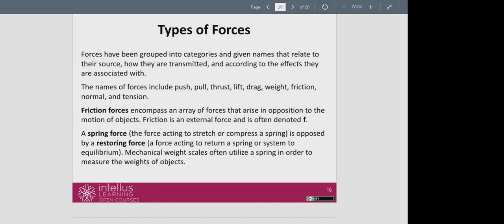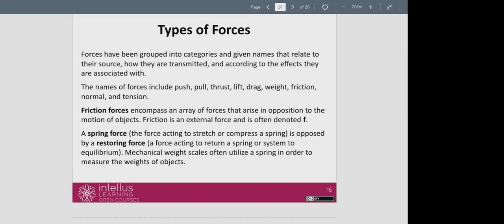You'll see that it's given a special symbol, the lowercase f. We utilize that to denote friction. So remember, friction happens between surfaces that are in contact, and it opposes the motion. For example, if an object is moving to the right, friction is being exerted to the left.